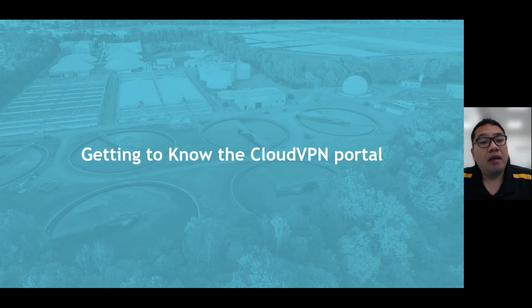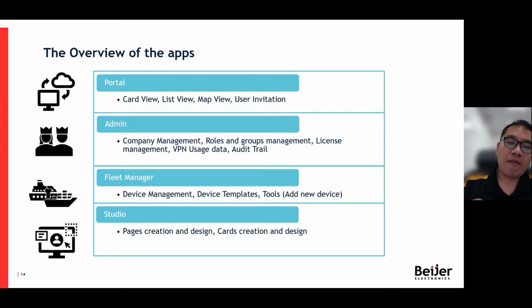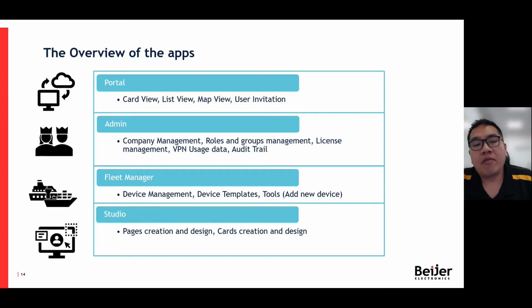So the next thing we'll talk about is getting to know the Cloud VPN portal. What is inside the Cloud VPN portal, of course? We have 4 apps in the Cloud VPN portal.